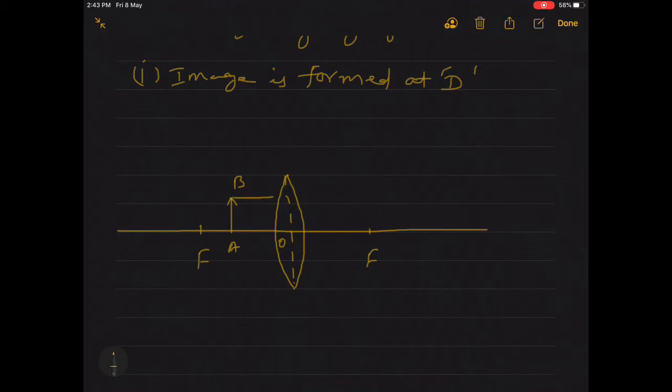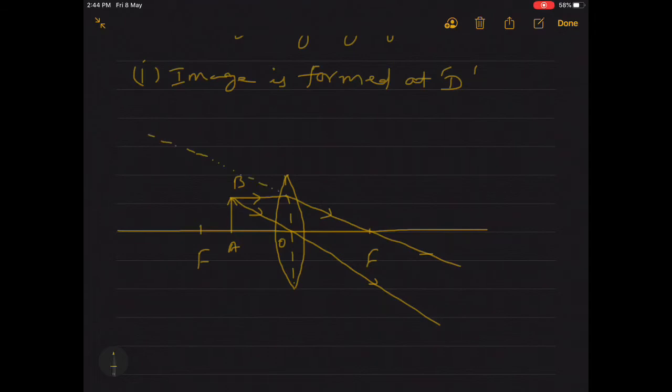So we'll take two rays into consideration. The first ray is parallel to principal axis. What will happen to this ray? It will pass through the focus after being refracted. The second ray we are taking through the optical center. So these two rays are not really intersecting.